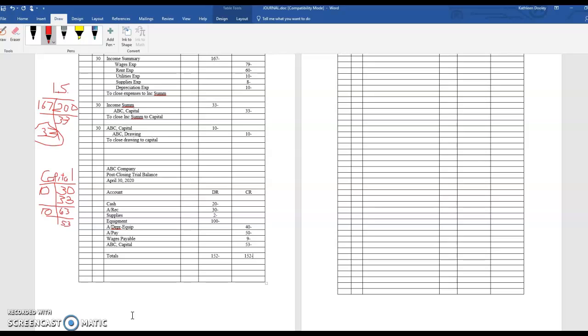And now I can move on to the next month and start fresh. All of my assets and liability accounts and this new capital account will go forward into the next month, but then I will start adding new sales and expense amounts.